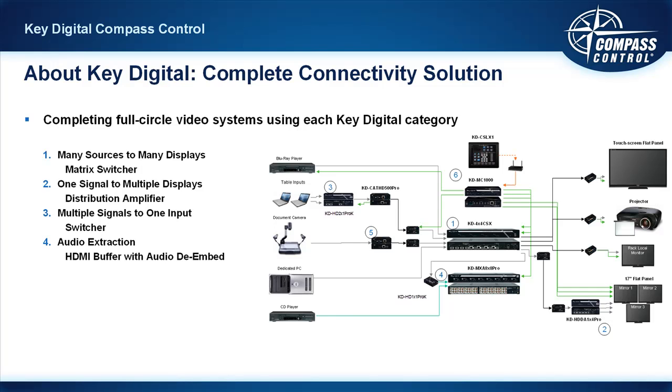Audio extraction, again, in the world of digital video, HDMI is video and audio on a single connector. Many times you need to extract that so that it can feed your multi-zone audio system or amplified audio system. And the popcorn type item, in addition to HDMI cables, is CAT extenders, sending video, audio, and control over a single CAT wire. And we do that here at KeyDigital with our extenders.